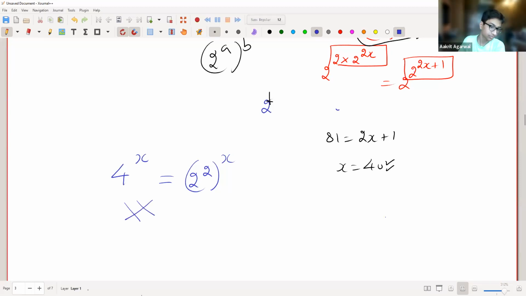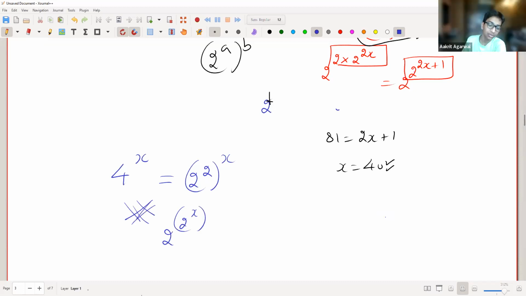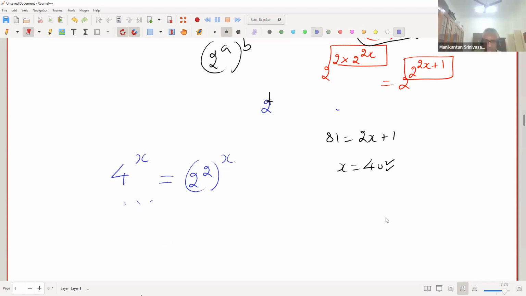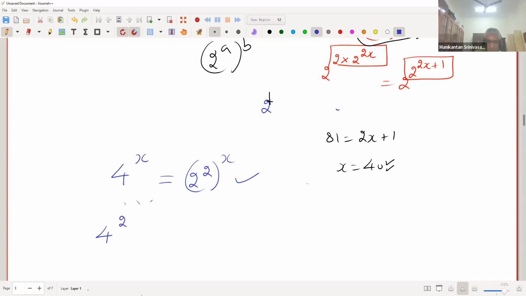That's exactly what I'm carrying forward here. If you agree with this, now I'll have to do 4 power this entire thing. So I'm doing 4 power this 2 power 2 whole power x, correct? Now this 4 itself is nothing but 2 power 2. So it's 2 power 2 power this guy, 2 power 2x.